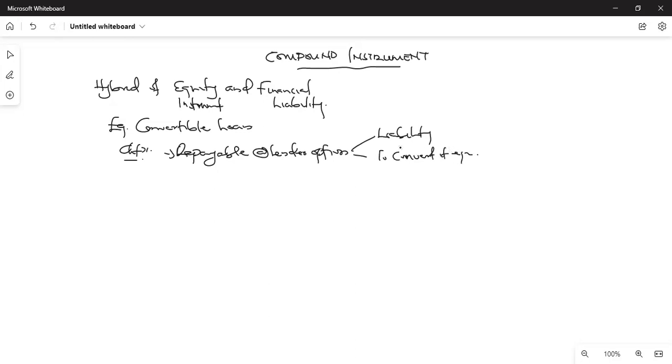But the number of shares we are talking about, as to whether they will agree to convert it or not: if you are converting it to equity, you need to have the number of shares. The number of shares to be granted for equity is agreed at inception.